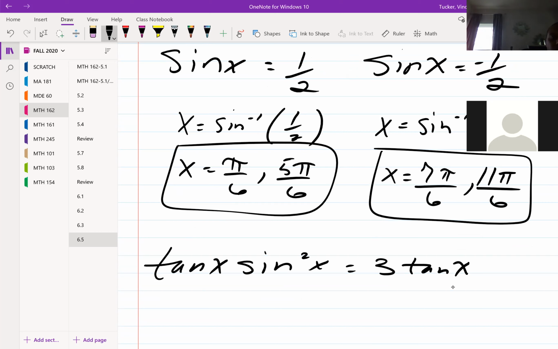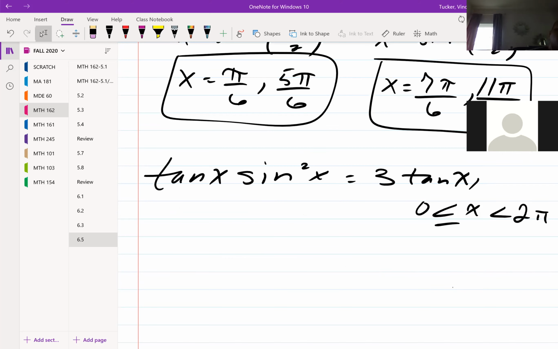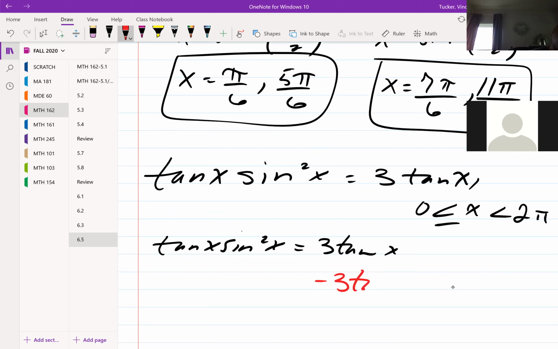All right, so we have tan x sine squared x equal to 3 tan x, with x between 0 and 2 pi. So when I solve, I set one side equal to 0. So we can subtract 3 tan x from both sides.